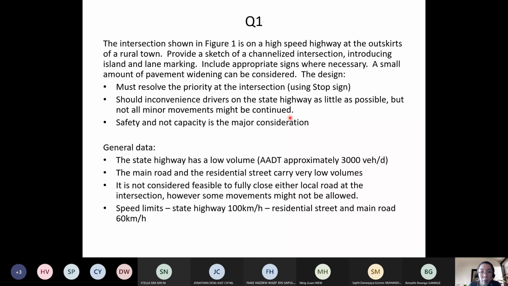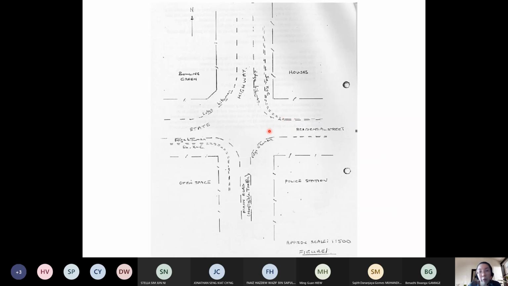So you may opt to stop some of the minor movements. Let's say from the residential street, currently the movements allowed are right turn, through movement, and left turn. Now you may choose to stop the through movement. You don't allow the through movement, but you allow a right turn and a left turn. You can do so. So you can choose to stop some of these minor movements.